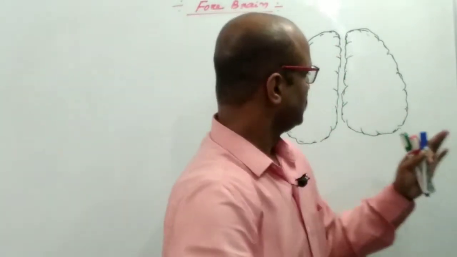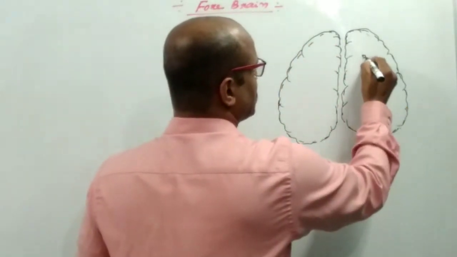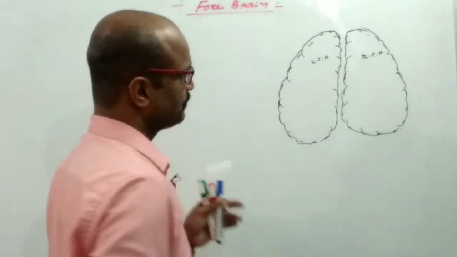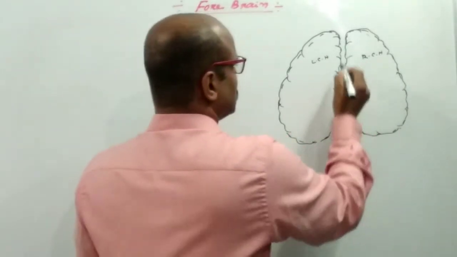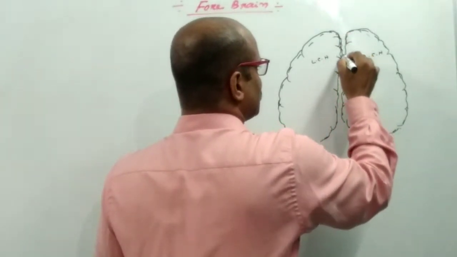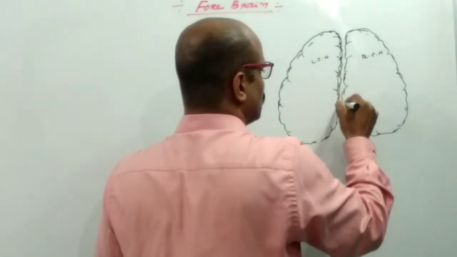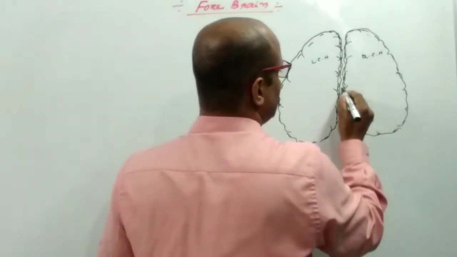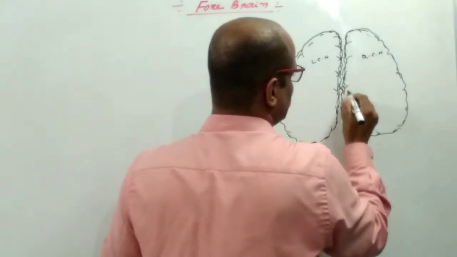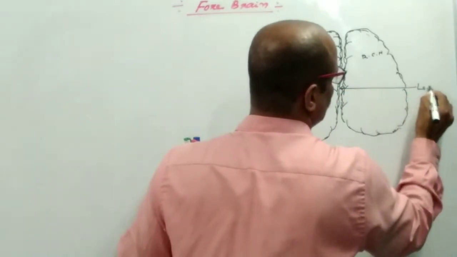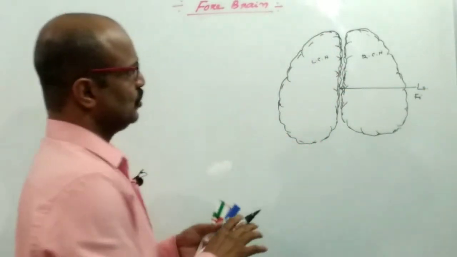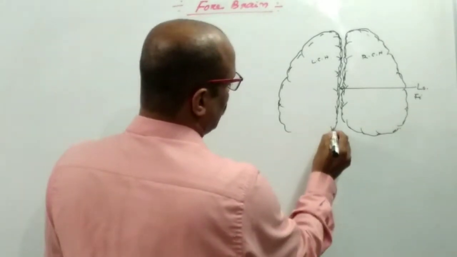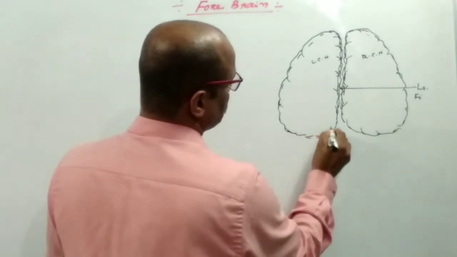Suppose that this is the right cerebral hemisphere and this is the left cerebral hemisphere, and this is the fissure or depression which divides the cerebrum into two cerebral hemispheres, known as the longitudinal fissure. The longitudinal fissure only partially divides the cerebrum into two hemispheres.